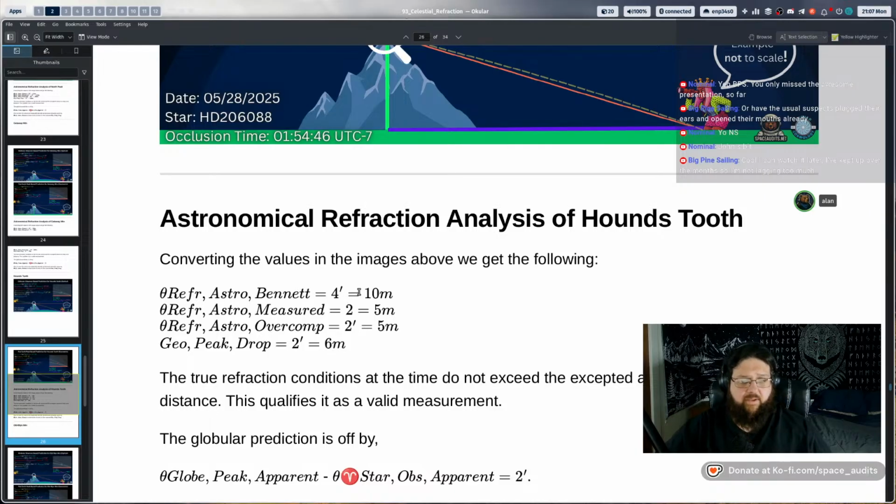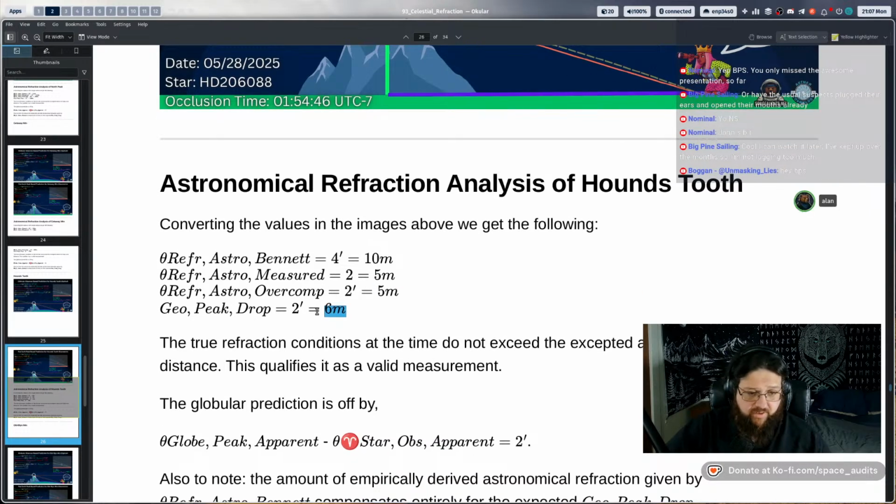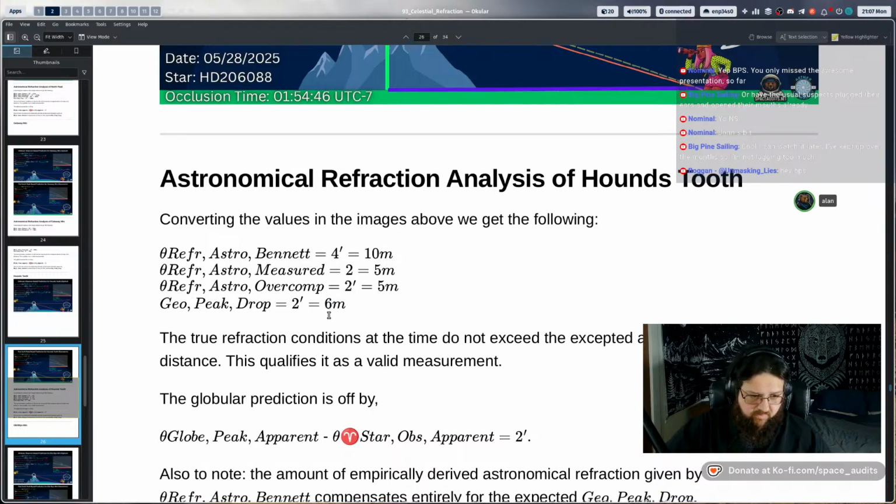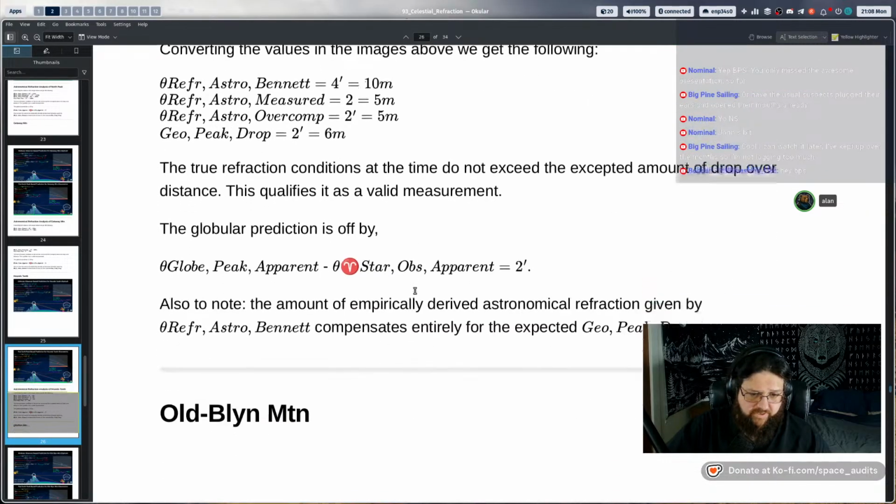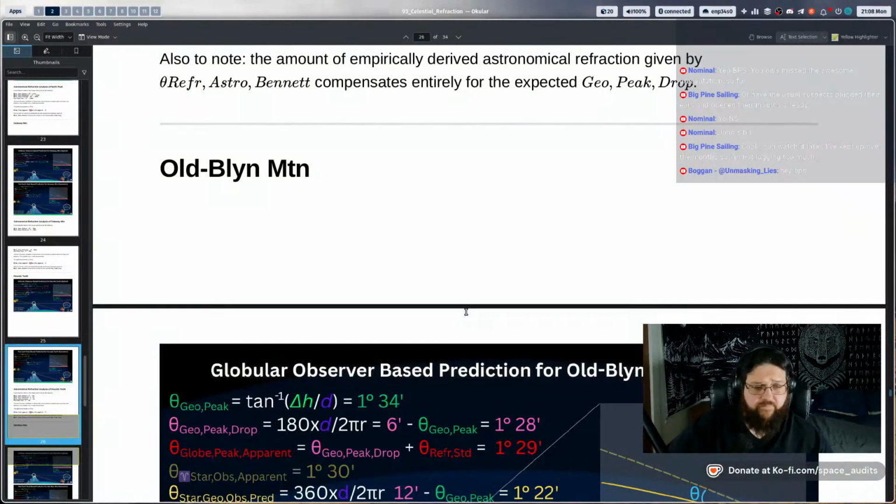Yeah, so the astronomic refraction converts to 10 meters. The measured difference was 5 meters, and they overcompensated by 5, which is more than their expected drop over distance, which was 6 meters there. Here we have them off by 2 again for the apparent position with respect to the observer.